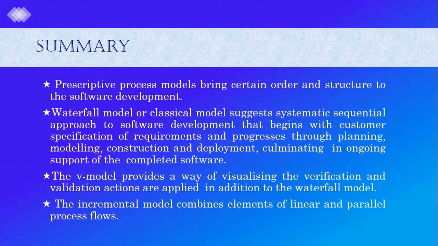Now come to the V model. V model provides a way of visualizing how the verification and validation actions are applied. In reality, there is no fundamental difference between the waterfall model and V model. Now, we also reviewed the problems with the waterfall model.